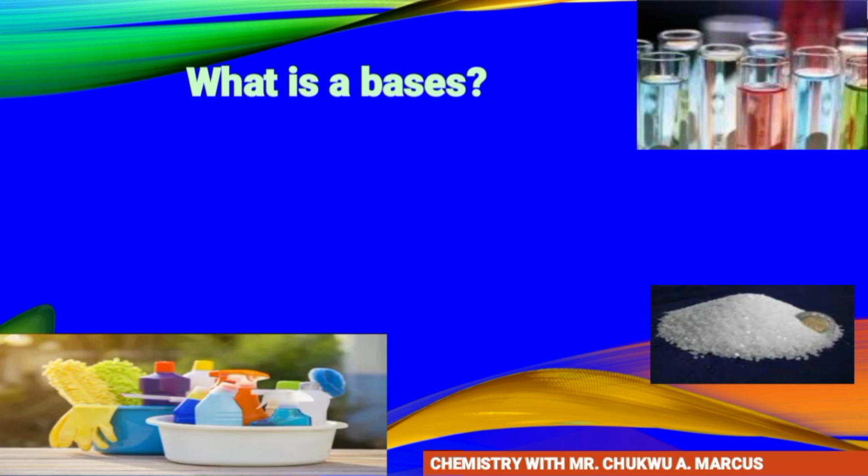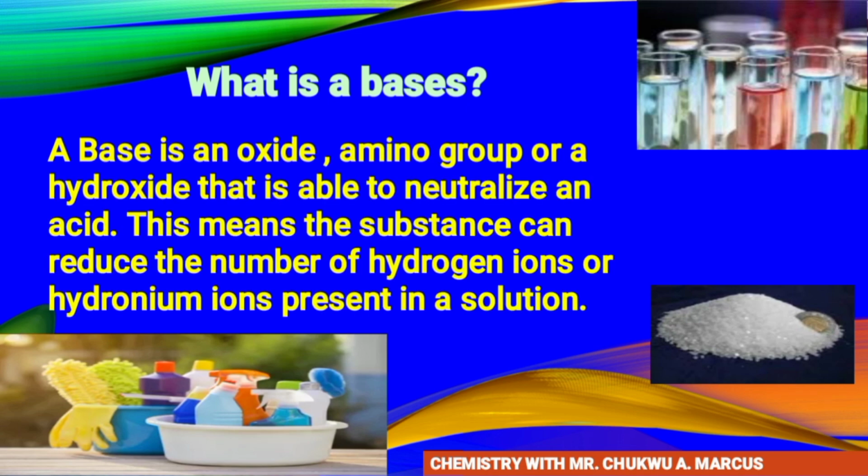But what do we actually mean by a base? A typical base is an oxide, an amino group or a hydroxide that is able to neutralize an acid. This means the substance can reduce the number of hydrogen ions or hydronium ions present in a solution. That is what we will call a base. Mind you, we still have basic salts that can do some of these things, like sodium bicarbonate.